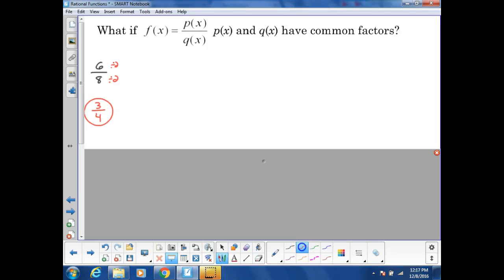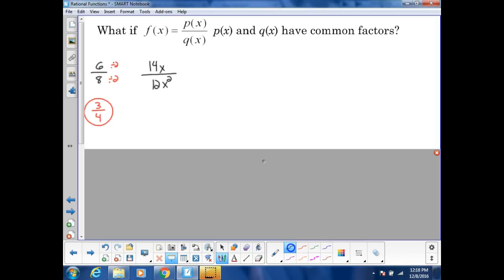What if we had 14x over 12, let's go x squared. Do I like that as an answer? Why not? What's up there?